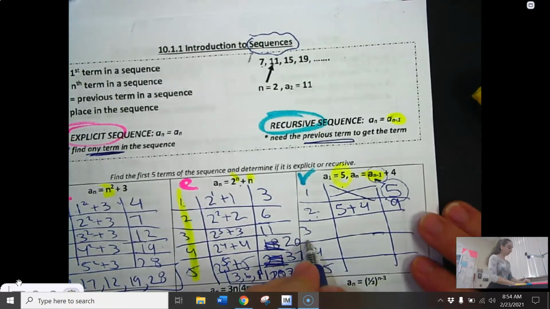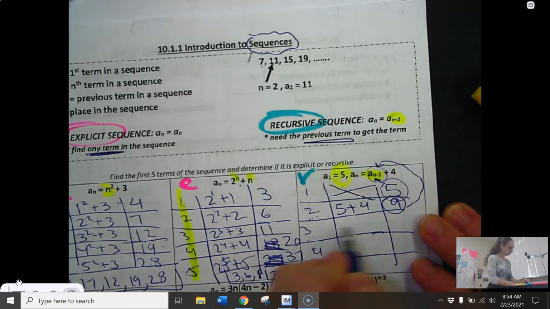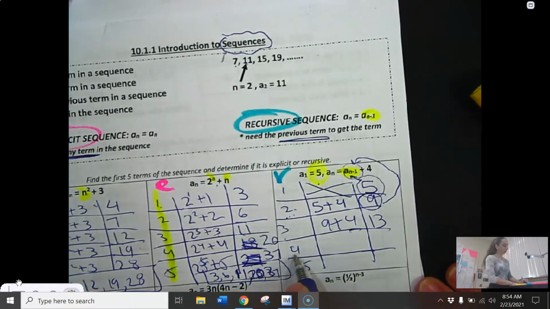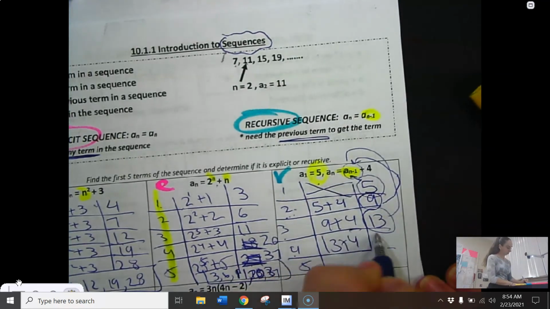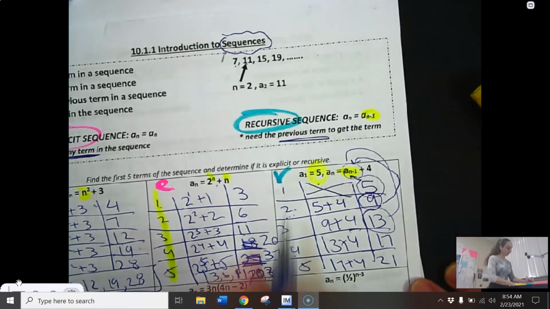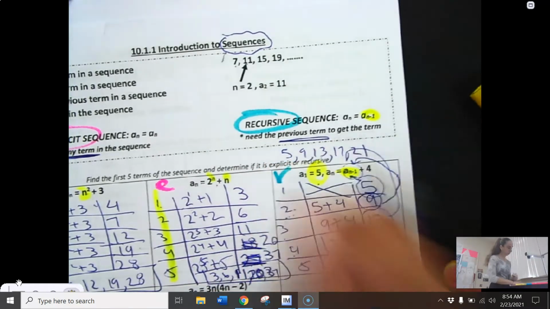You want the third guy? You have to go to the second one and plug it in. You want the fourth one? You go to that third guy, and so on and so forth. So the first 5 terms of the sequence are 5, 9, 13, 17, 21.